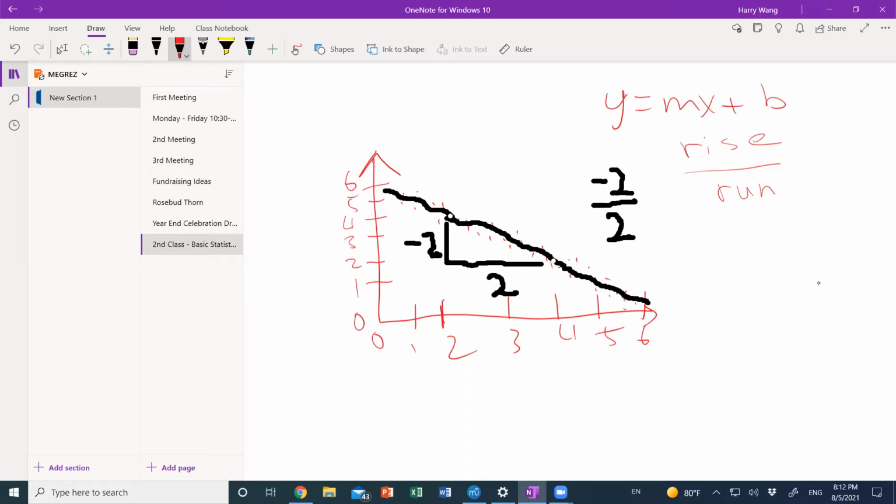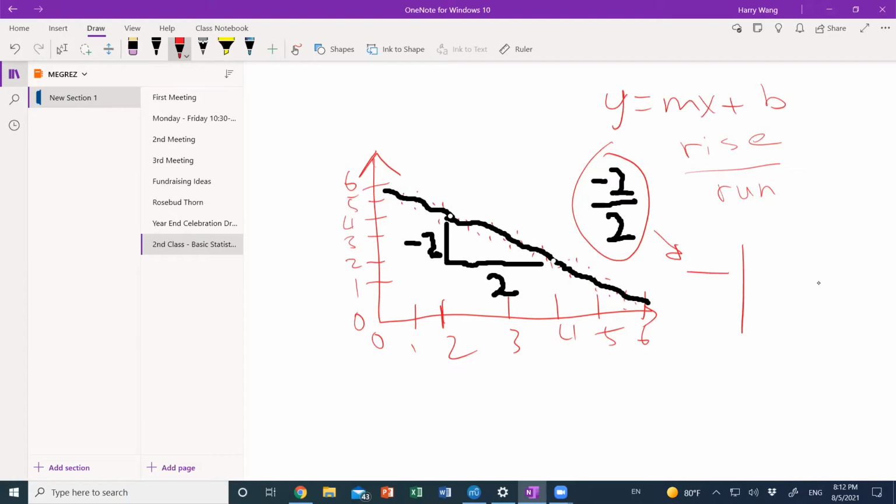You've done this part correctly. It's your simplifying that you've made a mistake in. -2 divided by 2, what value is that? -2 divided by 2. -1. Yep, you're right. So the slope, our m value is simply -1.